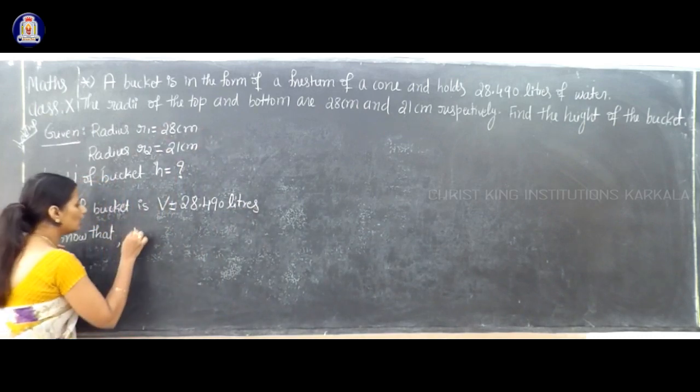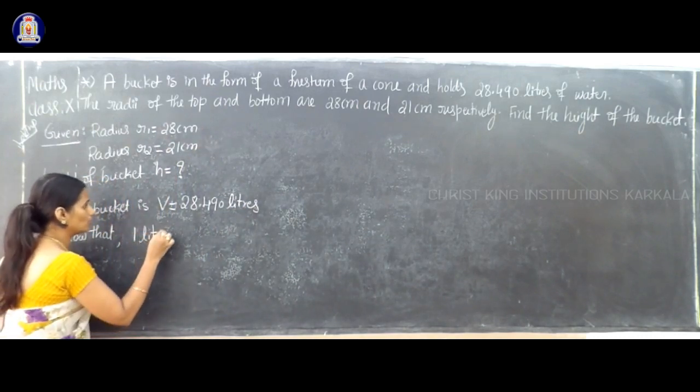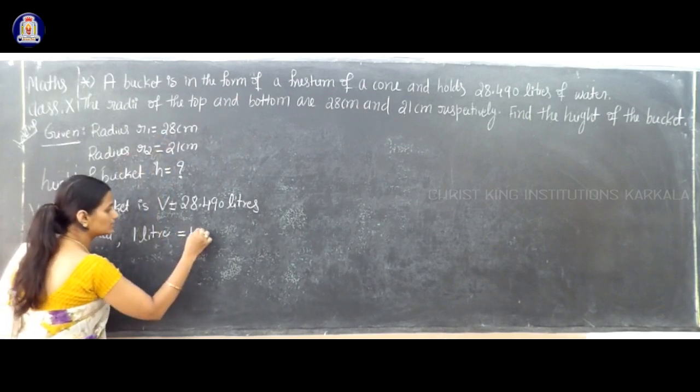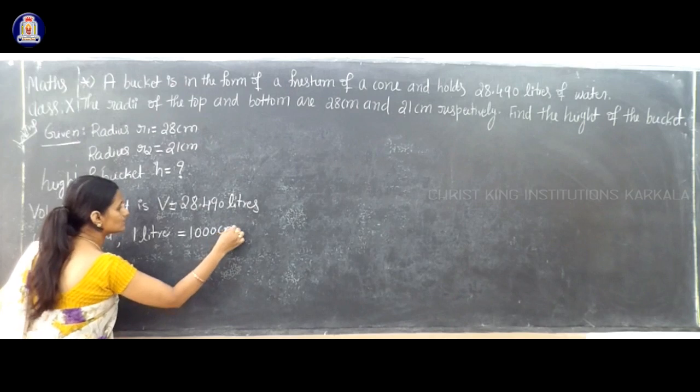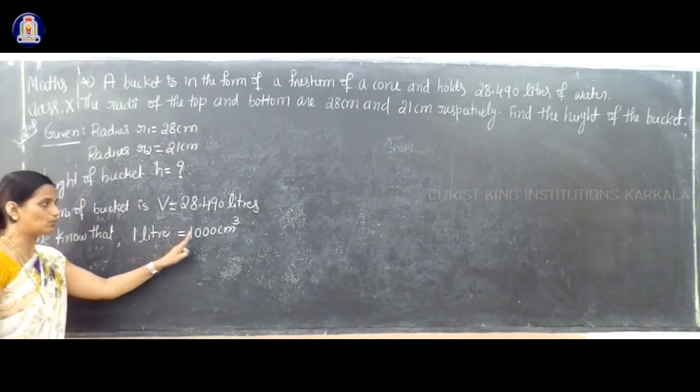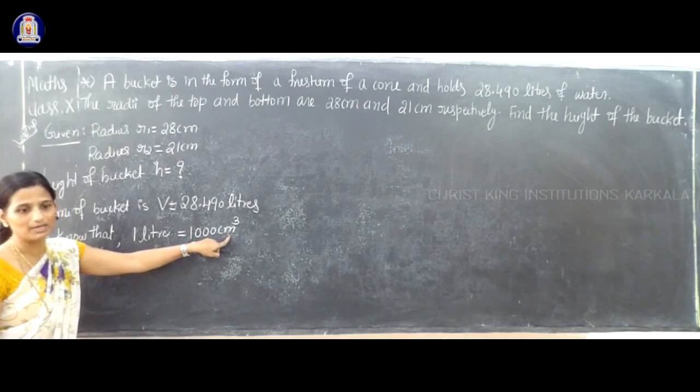We know that 1 liter is equal to 1000 centimeter cube.